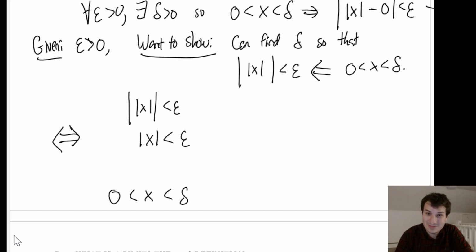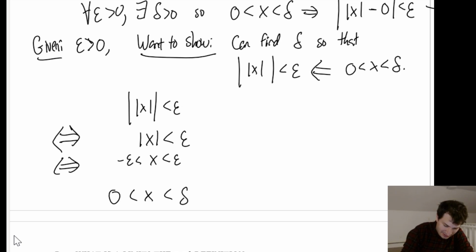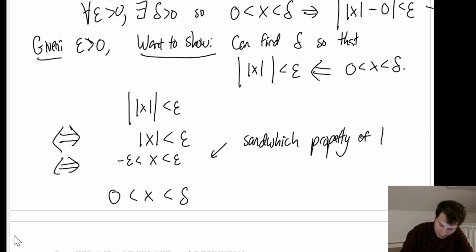And so here is where the sandwich property is going to come in handy. |x| < epsilon is saying x is between -epsilon and epsilon. This is the sandwich property. And now I want to say that you're between -epsilon and epsilon whenever you're between 0 and delta.